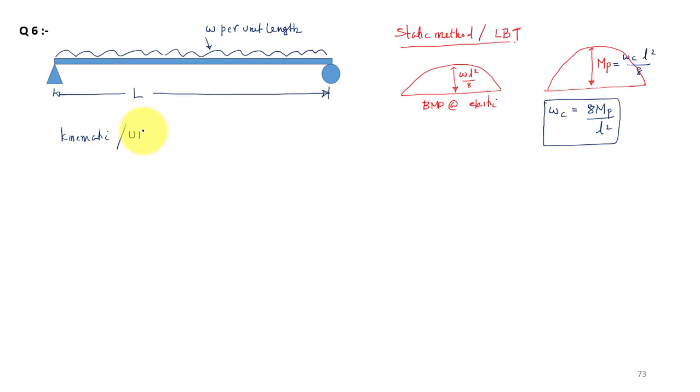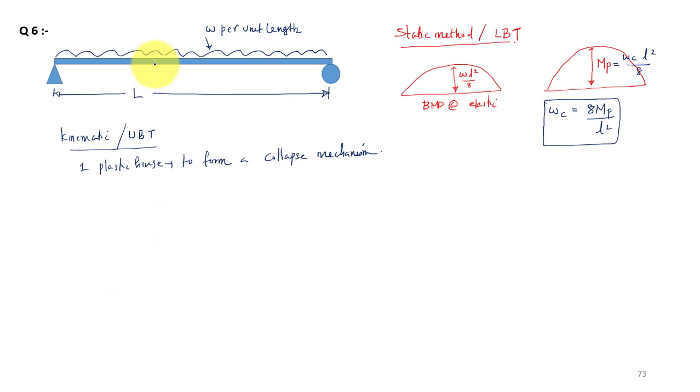Now we will use the kinematic method or upper bound theorem, and here we need one plastic hinge. One plastic hinge is required to form a collapse mechanism in this structural member.